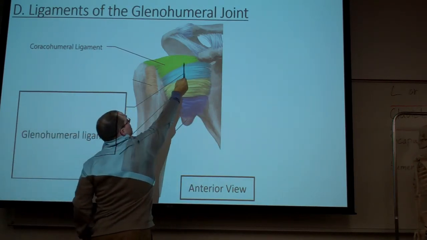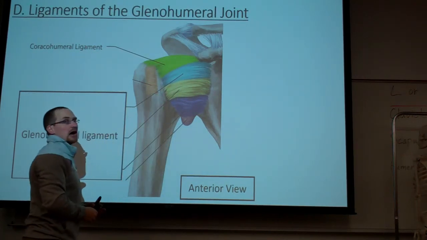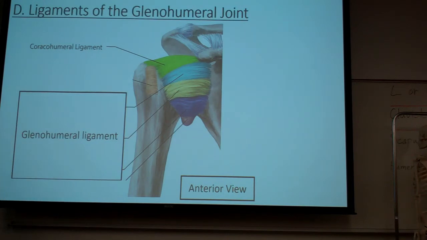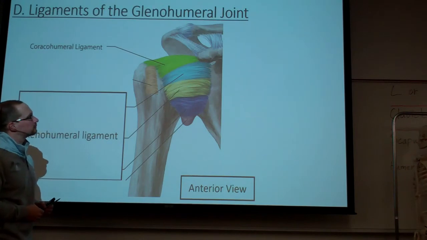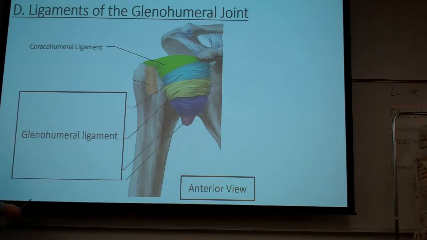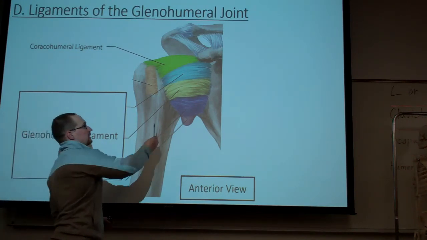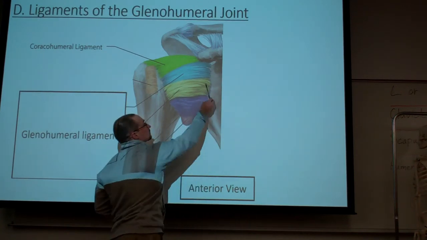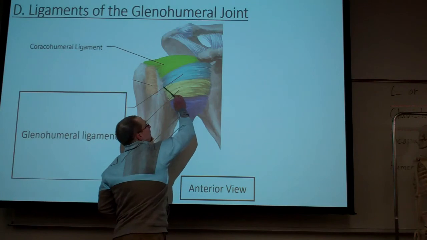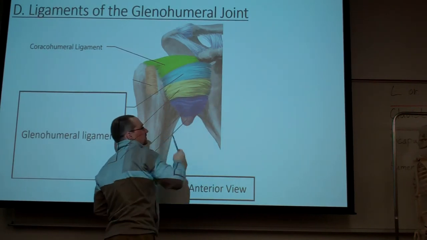There's a ligament that goes there and attaches on the humerus. Then we've got the glenohumeral ligaments. Humeral means humerus, gleno means glenoid cavity. It's a set of three ligaments, which you won't have to specify which is which. They attach on the humerus and also at the glenoid cavity.